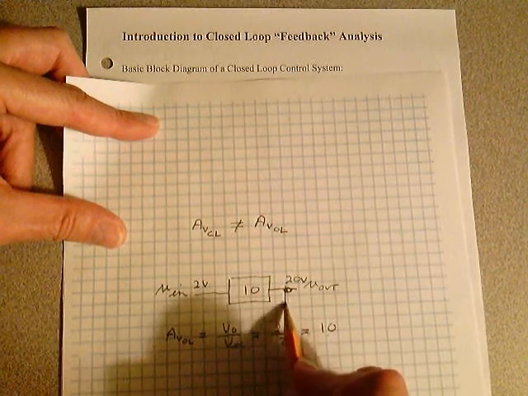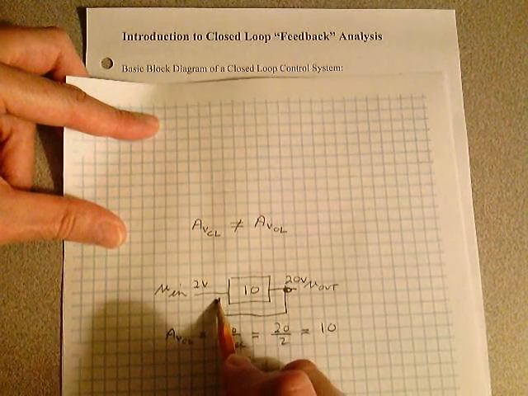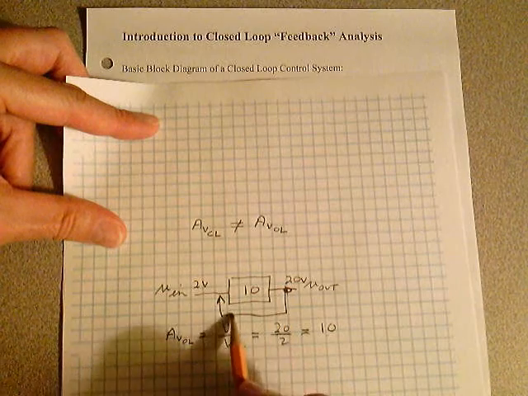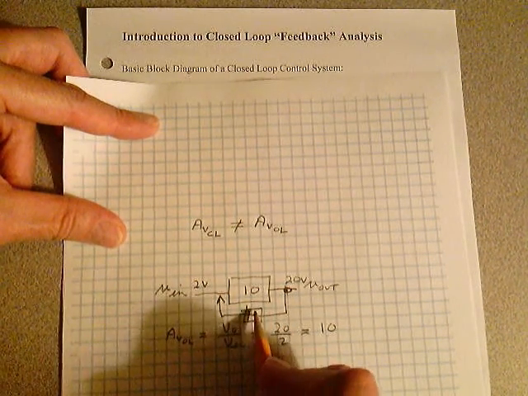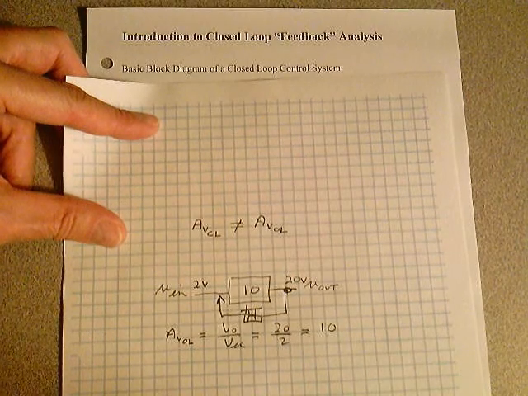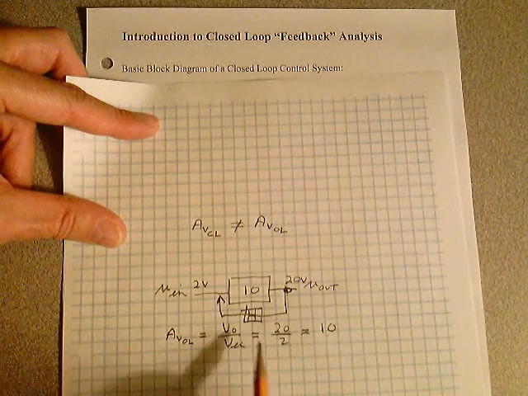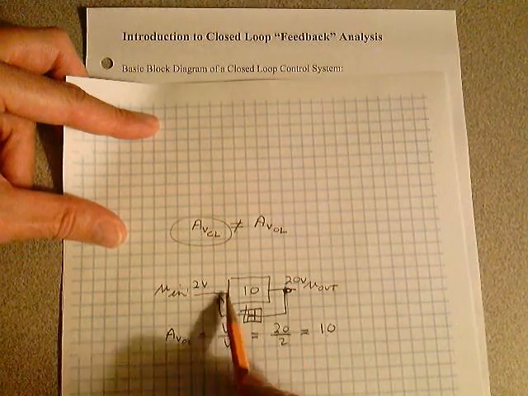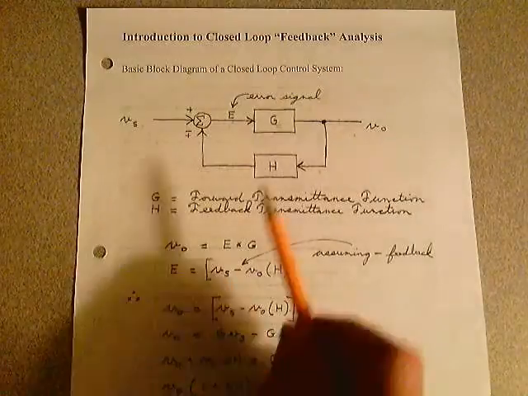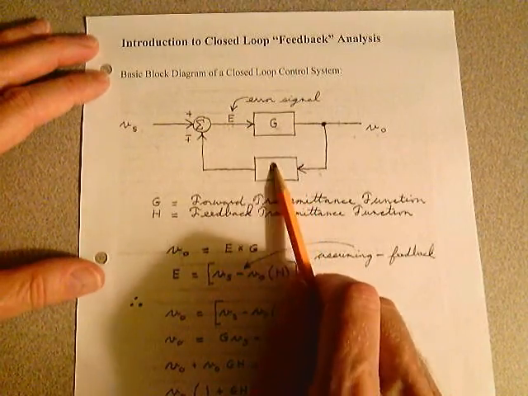Anytime you bring a portion of the output back like this, through some other parameter here, which we called H, that's going to be referred to as the closed loop voltage gain because you're closing the loop. So this is a closed loop voltage gain when we form the ratio.